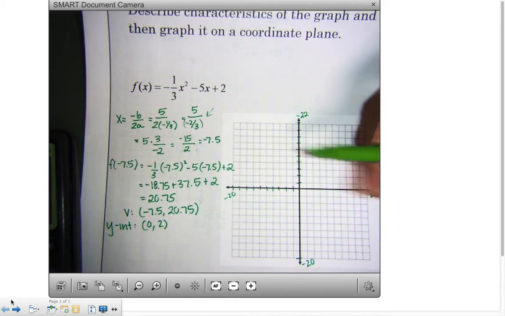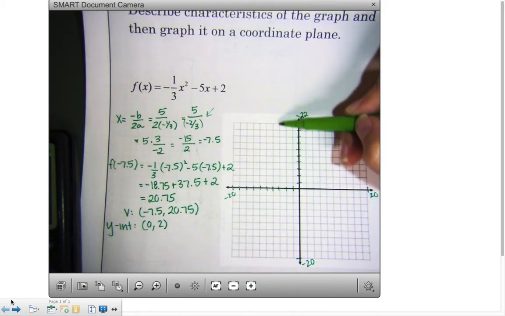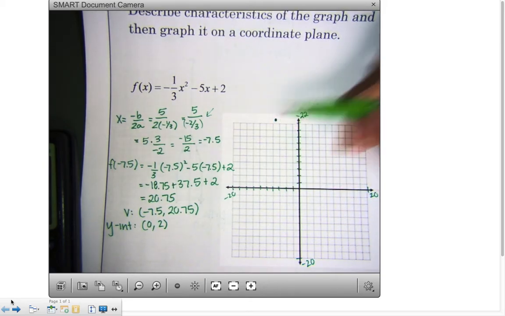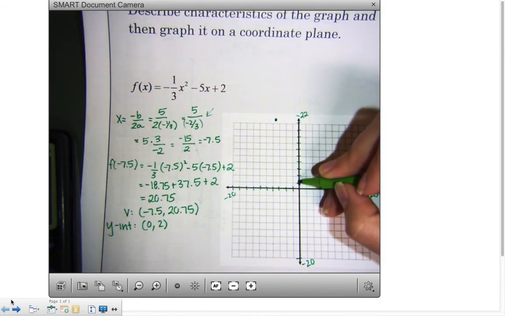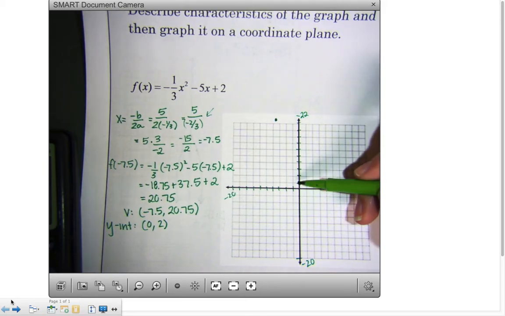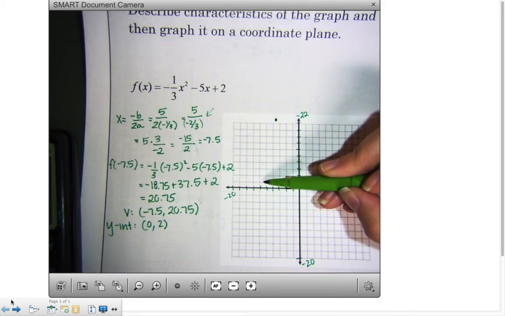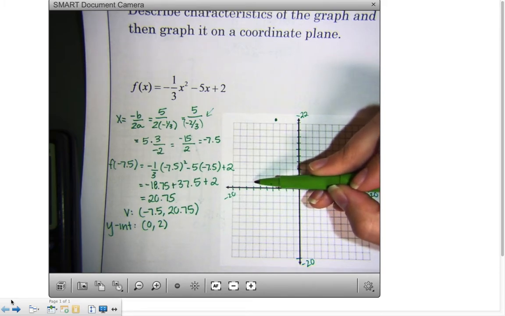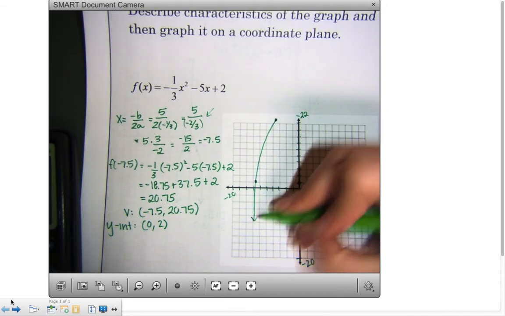So go over about negative 7.5, so 2, 4, 6, 7, up 20.75. You're going to have a y-intercept at 0, 2. So go 7.5 the other direction. About right there. And connect them to make a smooth curve.